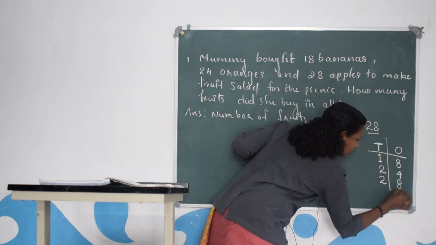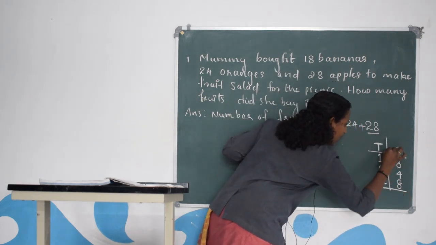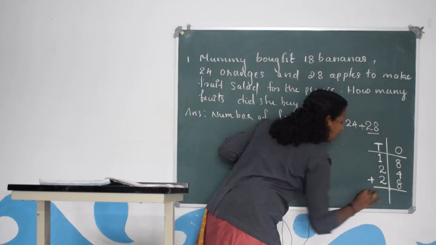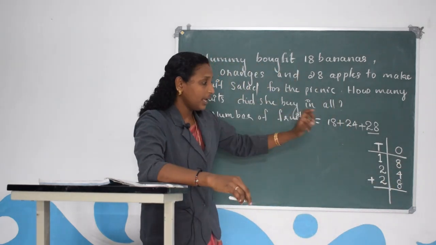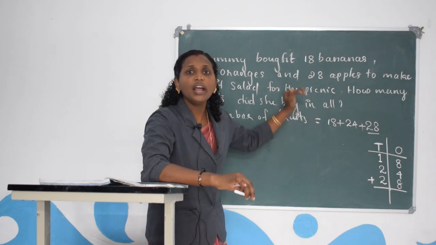On the bottom right, 2. That means this is the addition to add the numbers 18, 24 and 28.